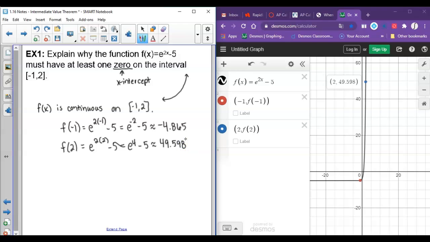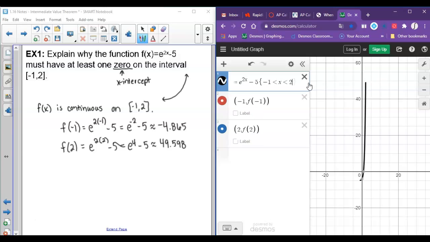And so if we think about what is happening here, we know this is a continuous function, and at this left-hand endpoint, we have a negative y value. But at the right-hand endpoint here, we're really only looking at this graph from -1 less than x less than 2. Technically, those would be or equal to's.